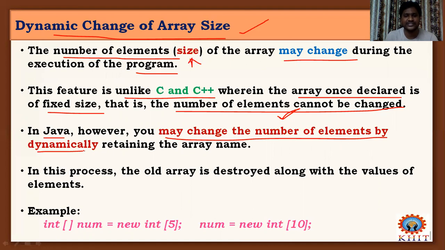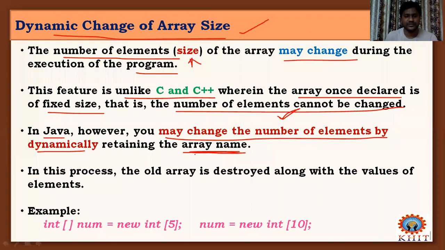You can change the size of the array from the existing allocated memory, at anywhere in your program, by specifying the array name. I will show you an example of this one.